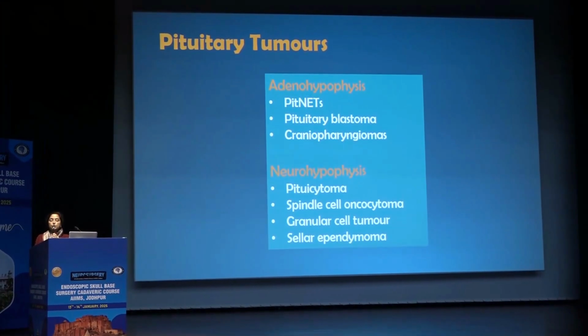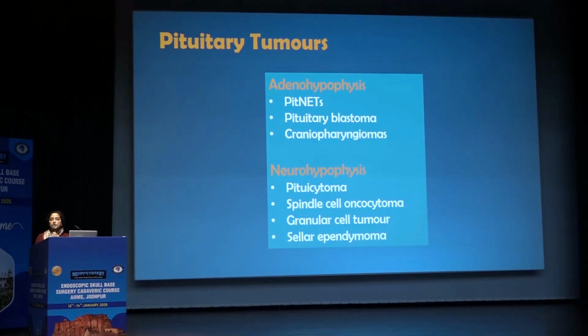The WHO 2022 classification has categorized the tumors of the pituitary gland into anterior lobe tumors and posterior lobe tumors. The tumors of the anterior lobe are the well-differentiated adenohypophyseal tumors, which we used to call pituitary adenomas, but now the term PitNET has replaced pituitary adenoma. The second is a relatively new entity that has been added, pituitary blastoma, and the craniopharyngiomas.